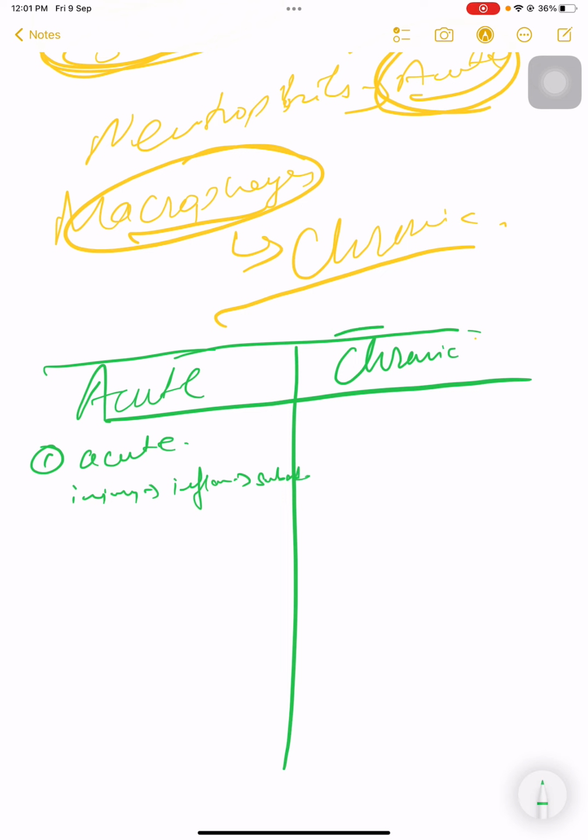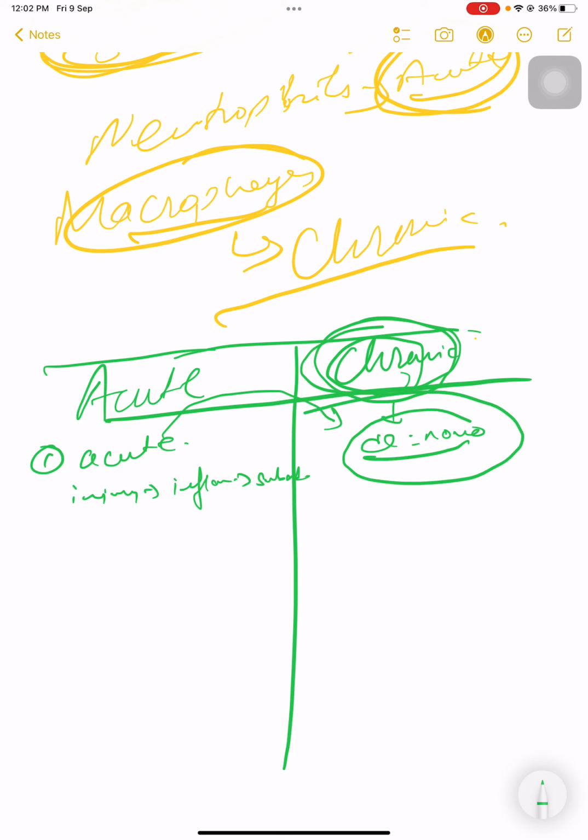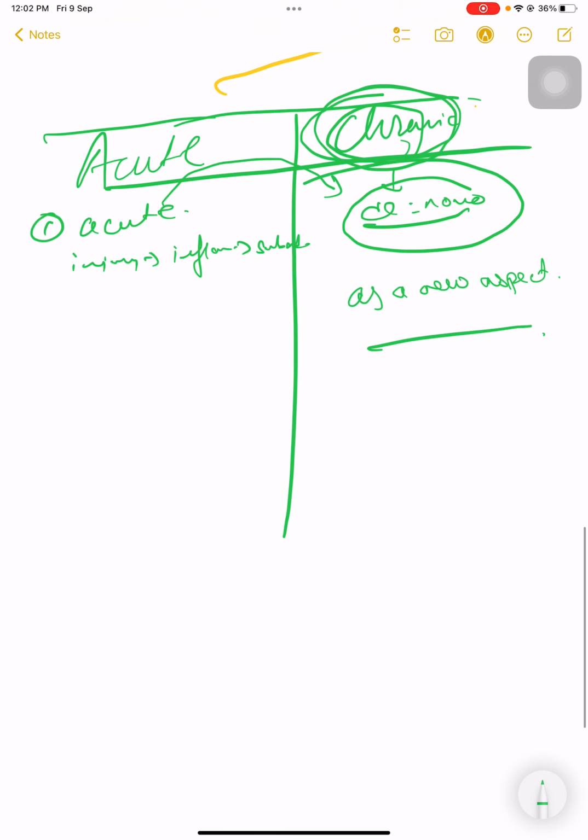But chronic inflammation might come from acute, or it might arise de novo. Now what is de novo? By its own, it means it is arising as a new aspect. So this is known as chronic inflammation.